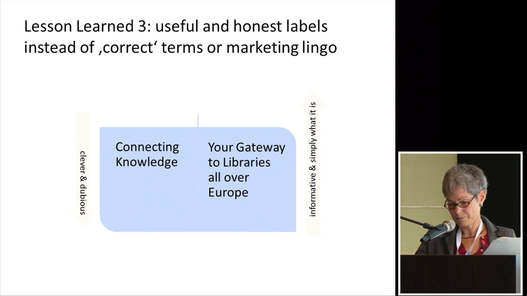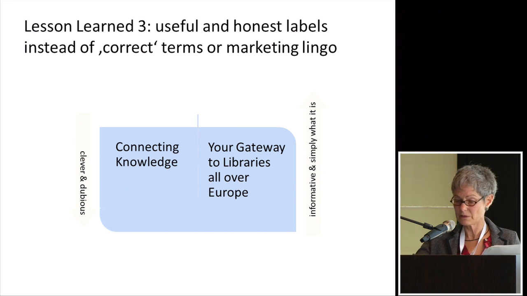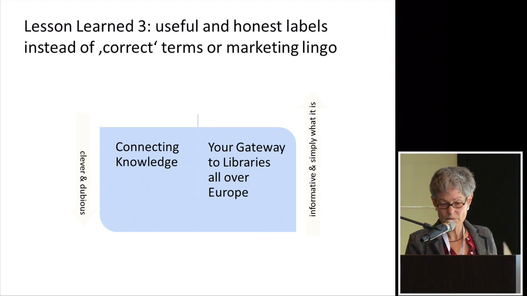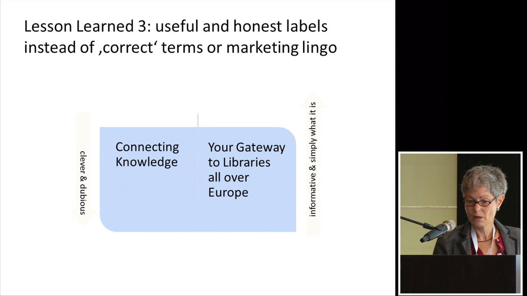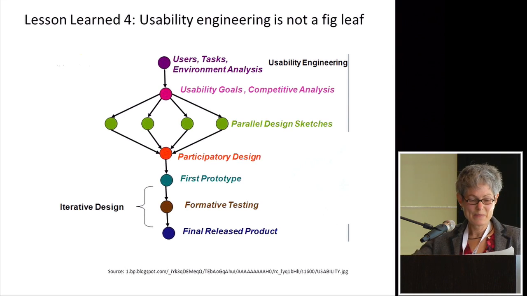Our students rephrased the tagline and said just what it is: your gateway to libraries all over Europe. This is informative and simply what it is. This looks a bit complicated.